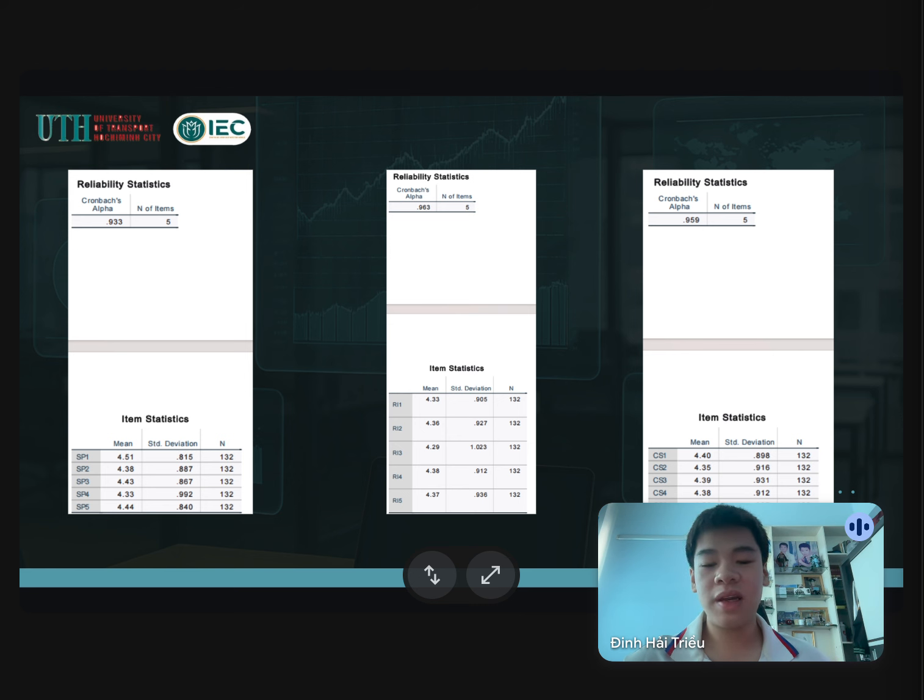These values indicate excellent internal consistency. This means that the items within constructs work well together and successfully measure the same underlying concepts.